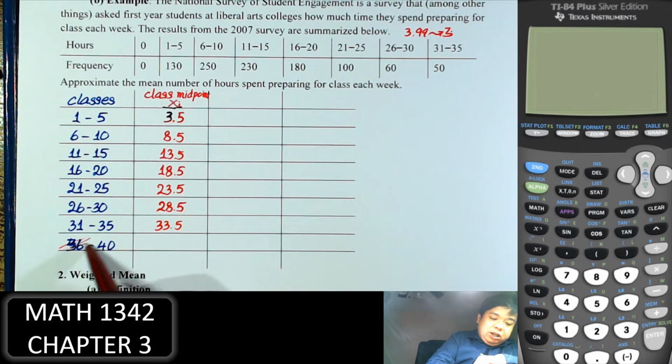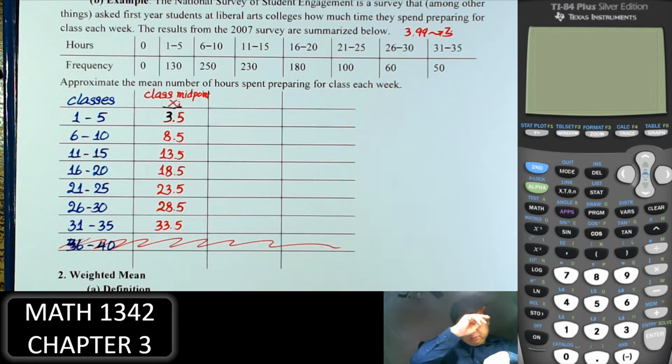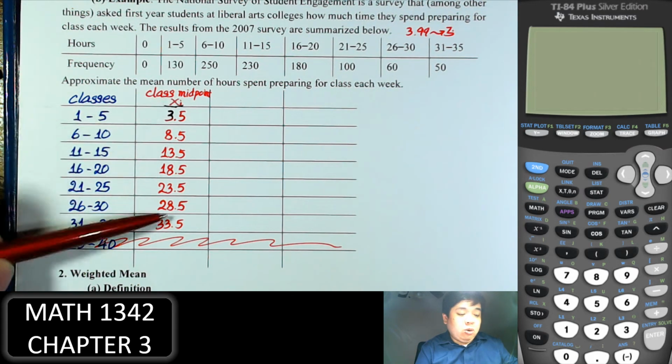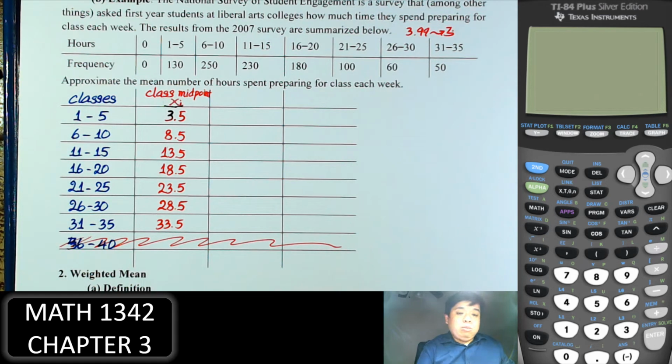We don't really need that, but we need the lowest class limit for the next one. So those are the class midpoints. We assume that we round down everything.